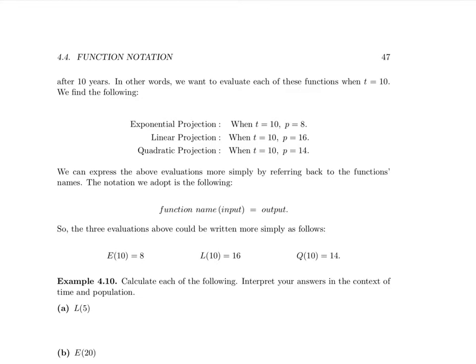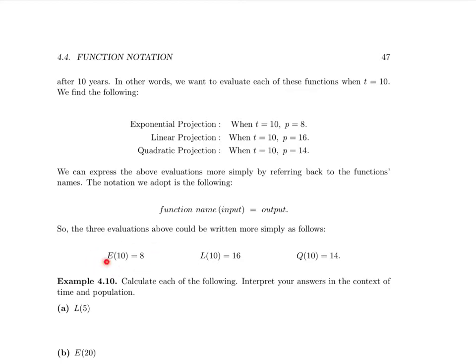Let's look at the exponential projection that we made above. When we insert 10 into this function, we arrive at an output of 8. Now for the exponential projection, that was given by the letter E. That's the function name. So instead of writing when t is 10, p is 8, we could write this more simply as follows.